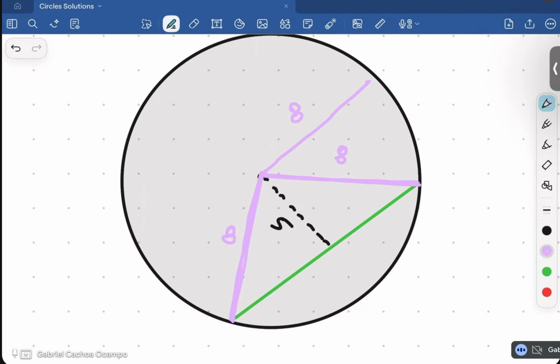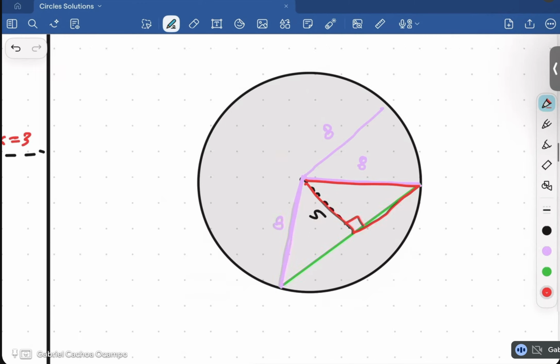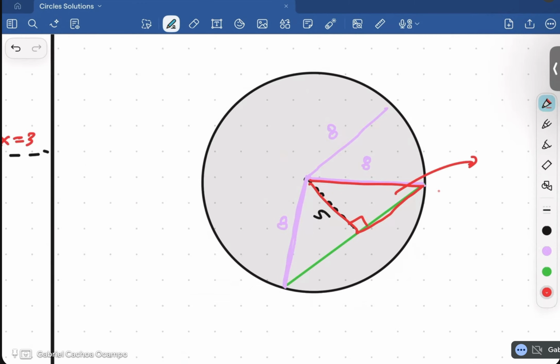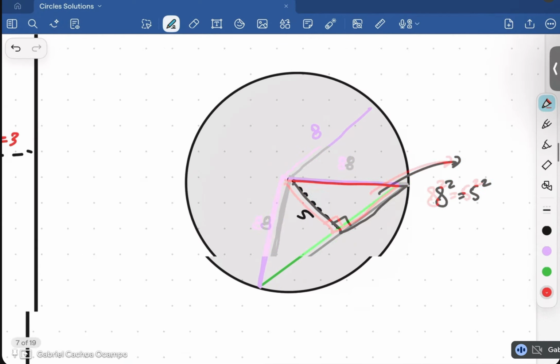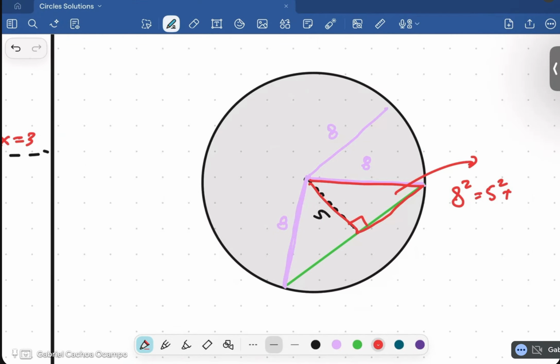So if I know that these purple lines measure 8, I know that what I have in here is a right triangle. So by using Pythagoras theorem, the hypotenuse is 8. So it is 8 squared equals 5 squared plus x squared. So 64 equals to 25 plus x squared.